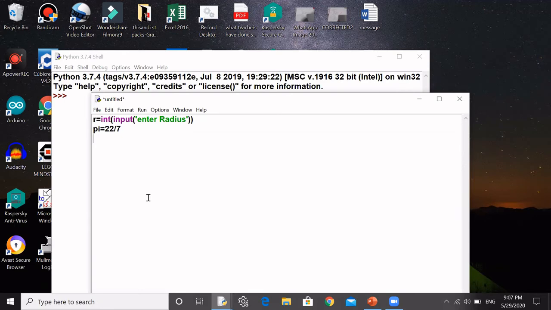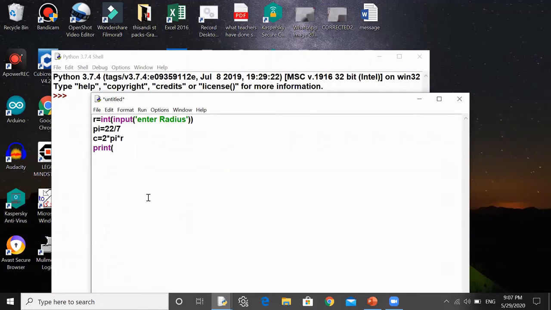Right, now I have to find the circumference. So C equals, you know how to find the circumference, 2 * pi * R, right? Here R. So this is the circumference. Then after that we can print.